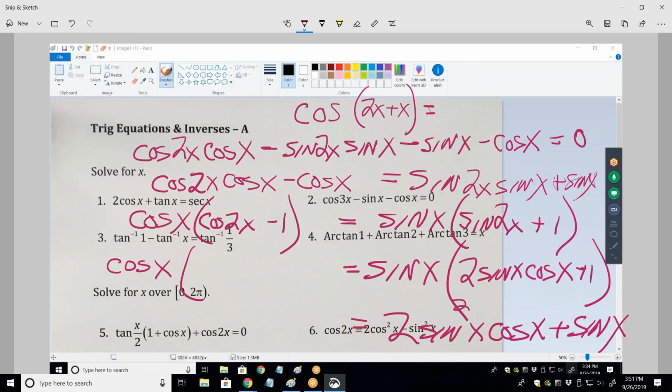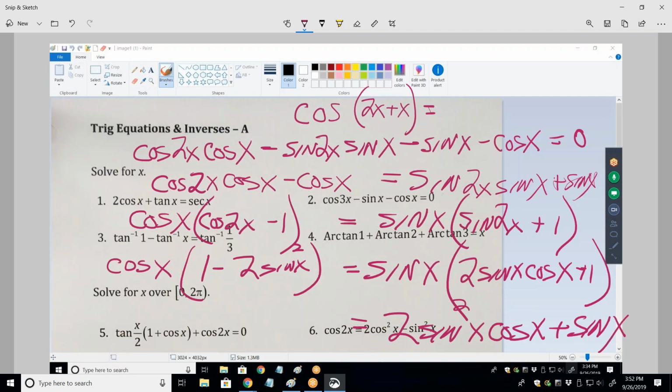So let's see. We got 3 different identities to choose from for cosine of 2x. I don't think we want to use the cosine squared minus sine squared. I'm going to use, let's try the one that's just sine.